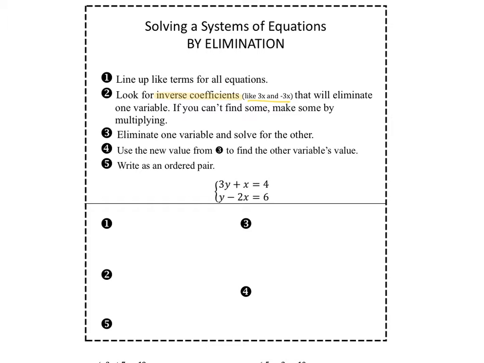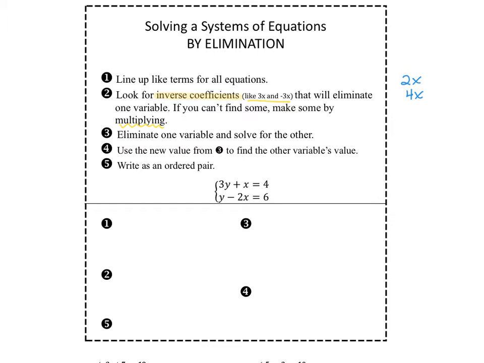Now here's the problem. Not always are we going to have inverse coefficients just written there. So sometimes if we can't find the inverse coefficient, we're going to make them inverse coefficients by multiplying. So let's look at an example. Let's say I had 2x and 4x.